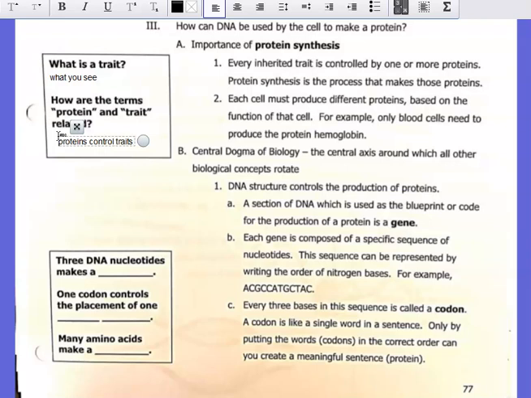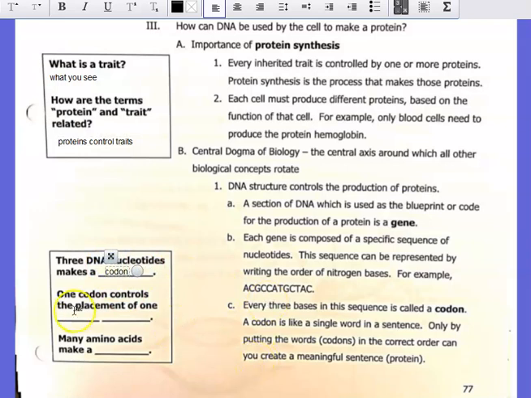And every 3 bases, so every 3 letters, is called a codon. A codon is just like one word in a sentence. And when you put together those words or codons, you would get your protein, which is the equivalent of a sentence. So those 3 nucleotides, those 3 letters, are making your codon.